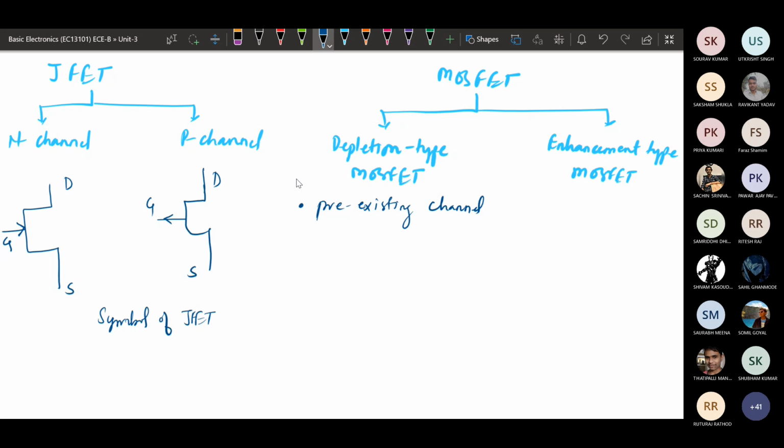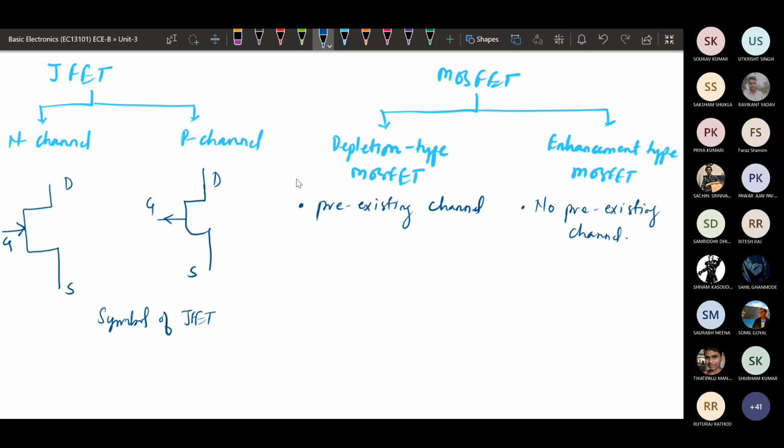In case of an enhancement type MOSFET, there is no pre-existing channel. That type of device will be an enhancement type MOSFET.